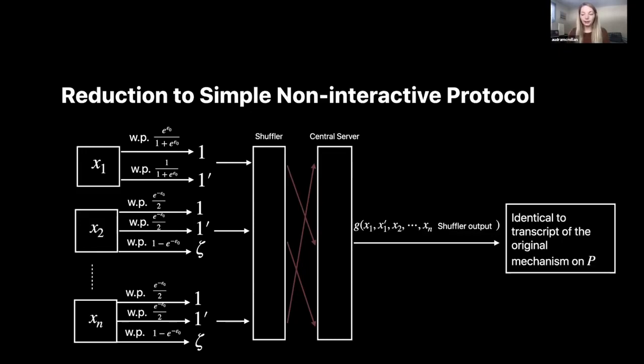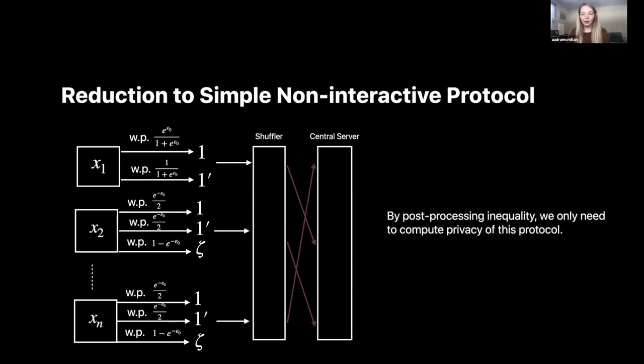And the guarantee is that when I do this post-processing, I get the output which is identical to what I would have gotten if I actually ran the mechanism I wanted on either P or P prime, depending on which one I input into this mechanism. Okay, so this is a reduction.